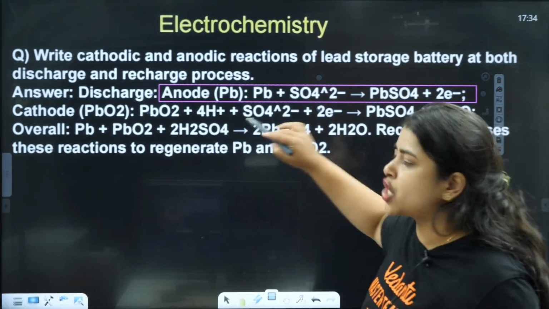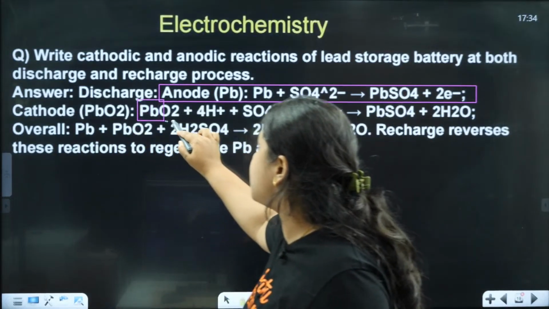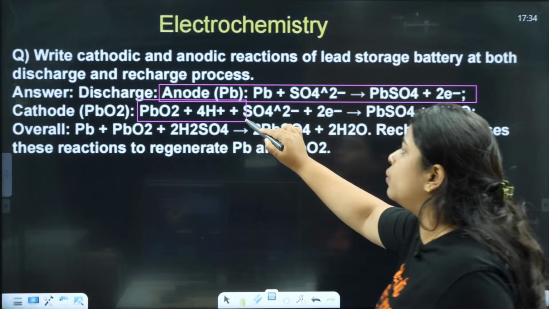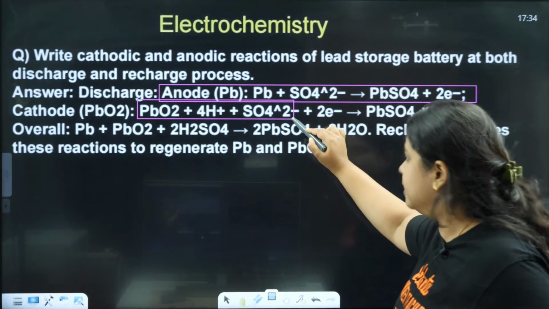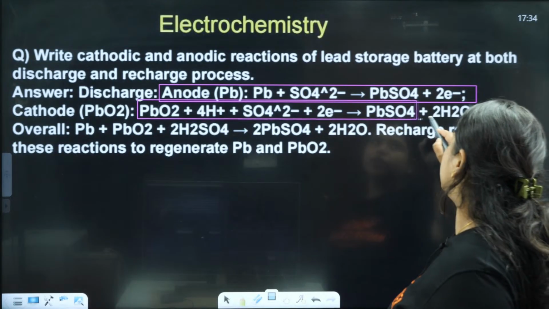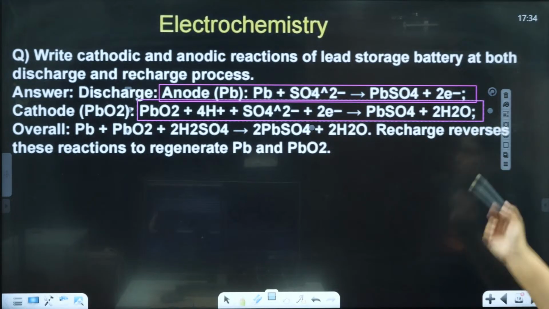Clear? So during discharge, what happens at the cathode? This PbO2 plus 4 hydrogen ions getting reacted with SO4 2- plus 2 electrons is going to form what? Concentrate here: PbSO4 plus 2H2O.